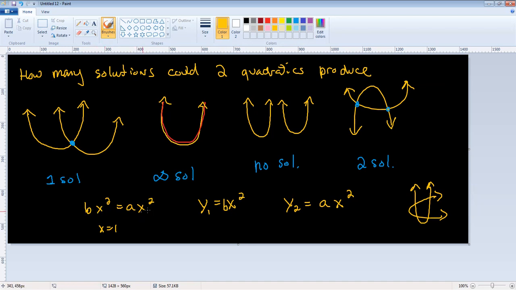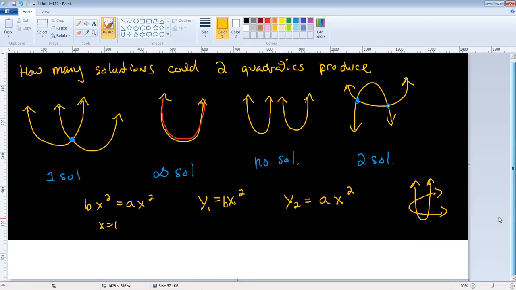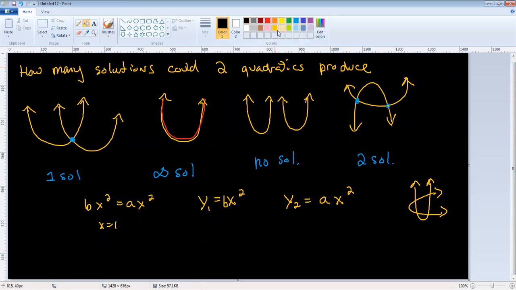So the whole thing is that, let's do this. What if I had this? We're going to try something out here. What if I have 3x squared, and this is 1/3 x squared? So what would be the answers here?